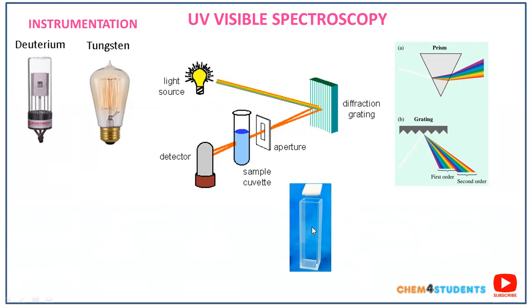And here the important thing is we need to consider the cleaning process of these cuvettes. If you use these cuvettes without cleaning, there will be a chance of having impurities, and we will not get accurate absorbance values. So that's why cleaning is important. We can clean these cuvettes by two methods. In one method, we clean with water, and after that we have to soak these cuvettes in proper solvents like diluted HNO3, that is diluted nitric acid, and hydrogen peroxide, for about 30 minutes.